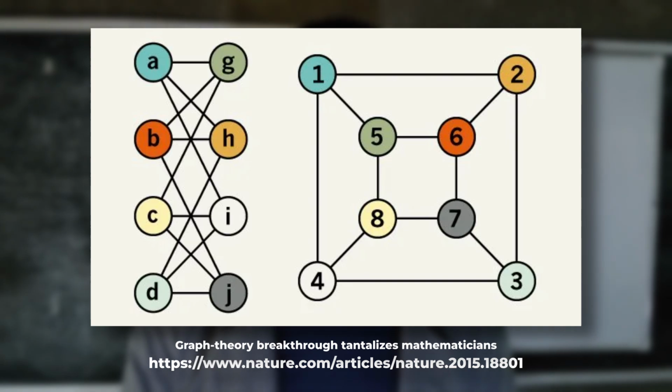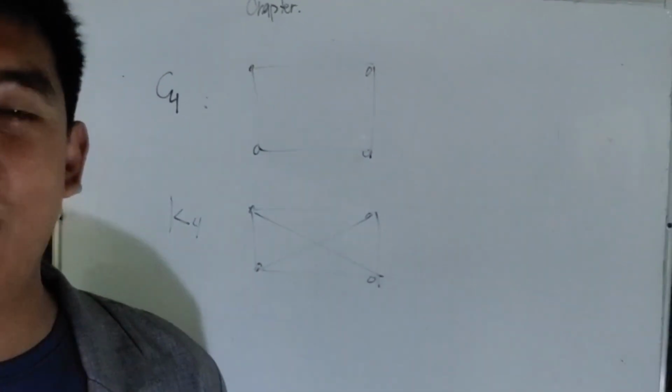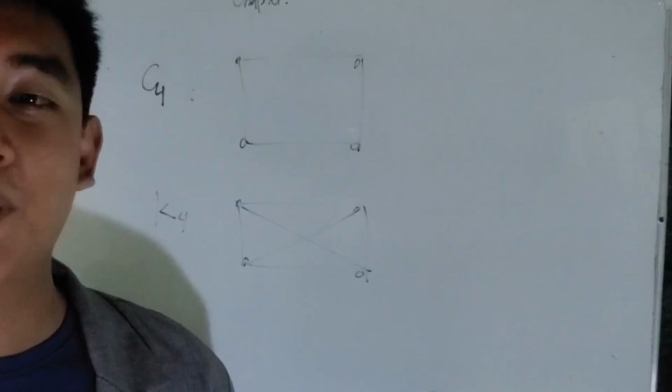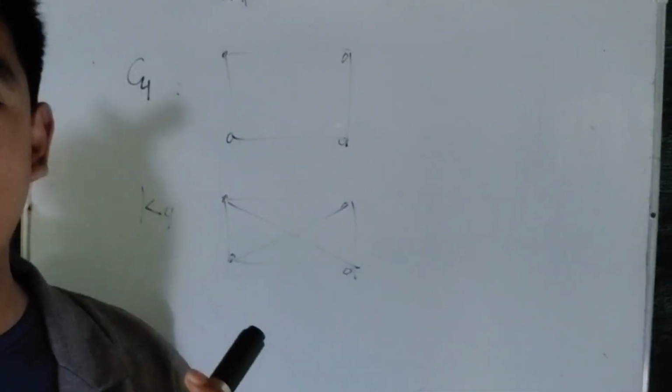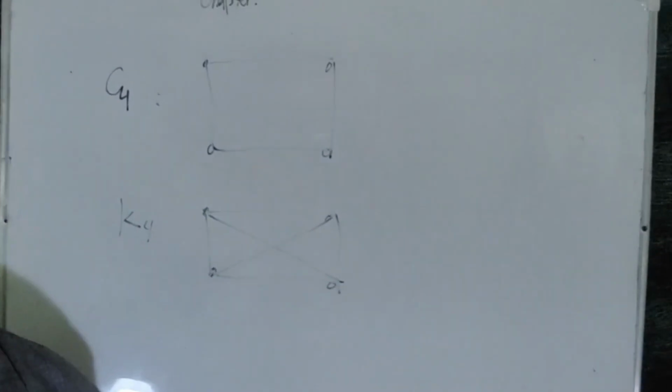And we've observed that some of these graphs have their edges crossed, while some have no edges crossing. For example, C4 and K4. Clearly, C4 is a graph in which the edges do not cross, while K4 is a graph whose edges cross.